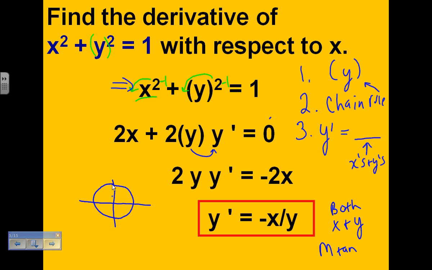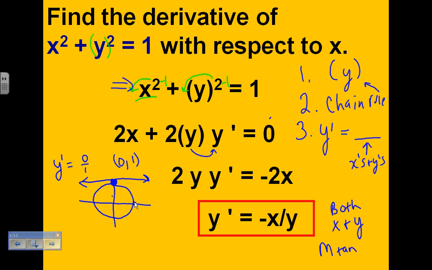Notice, if I'm at the point 0, 1, I put 0, 1 into my derivative, y prime, 0 over 1, I end up with 0. That is the slope of the tangent line. There you go. Okay, it should be tangent. I'll just make it a big point.